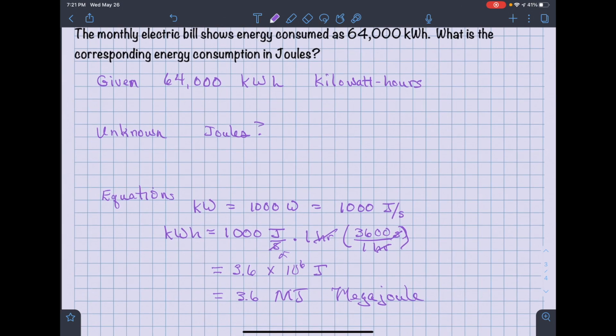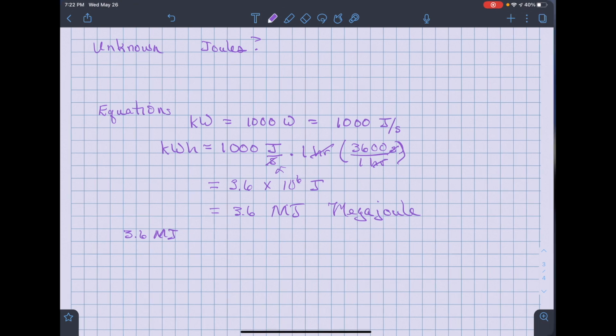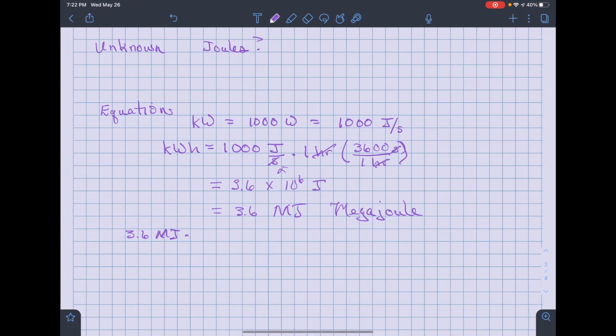So if we want to figure out how much energy we consumed in that month, then we just need to multiply that through. So we're going to do 3.6 megajoules, and we'll just use megajoules here to make our life easier, and multiply that by 64,000.